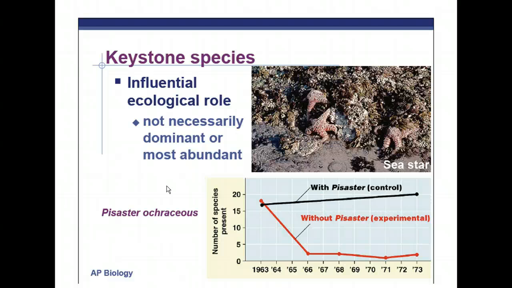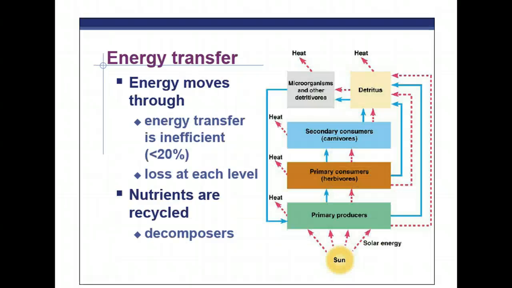Another example of a keystone species that's not a predator would be the Arctic hare in places like Wyoming. The Arctic hare is like the only food source for things like the lynx. So when the Arctic hare population goes down, it has a dramatic effect on the other populations as well. That's a keystone species.